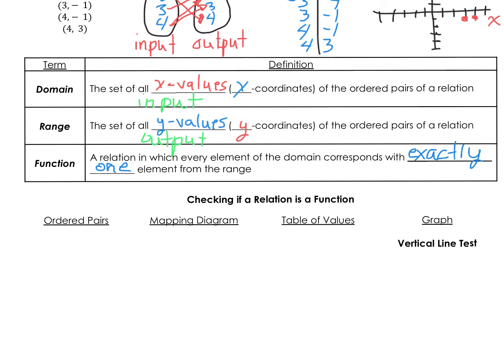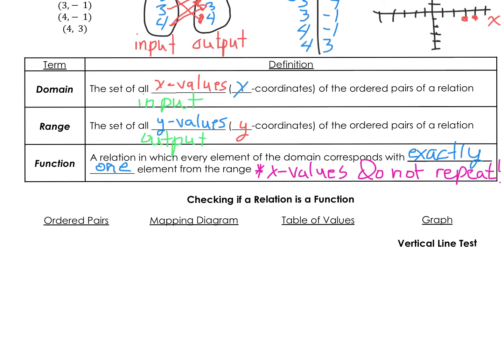And what this implies, in simple terms, is that x values do not repeat.